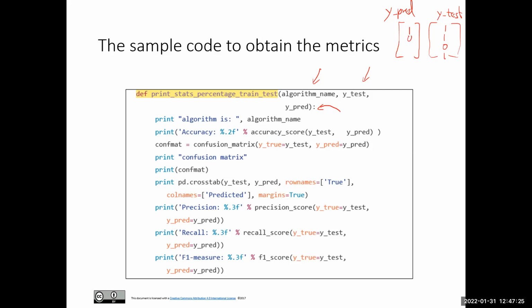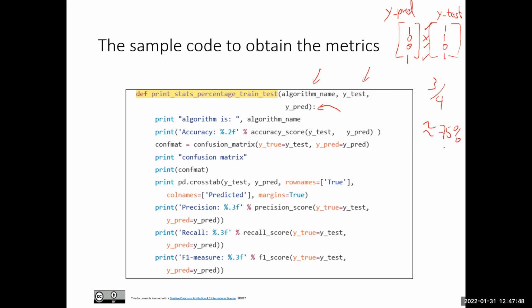So 1, 0, 0, 1. As you can see here, we have one match, one match, one match, but this one is not a match. So if we just look at accuracy, it would be 3 out of 4, right? So that's pretty good, 75% accuracy.